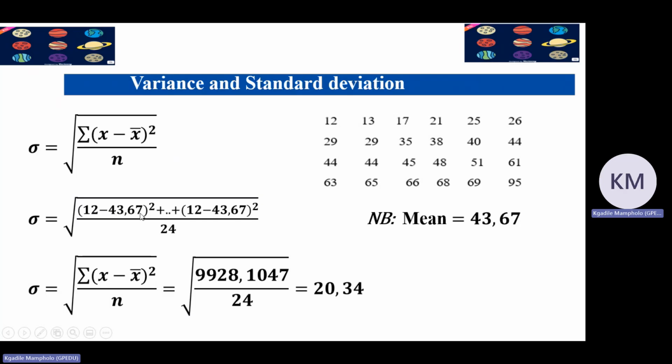So 12 minus 43,67 all squared, plus 18 minus 43,67 squared, plus 17 minus 43,67 squared, all of them. Then you divide by 24 because there are 24 scores. Remember, this 24 must be inside the square root. The answer you get, our standard deviation, will be 20,34. So the variance will be 20,34 squared.